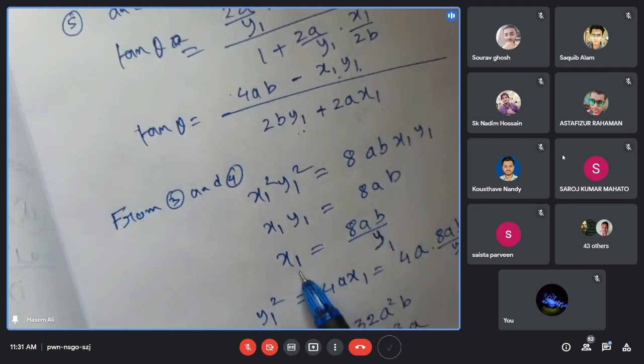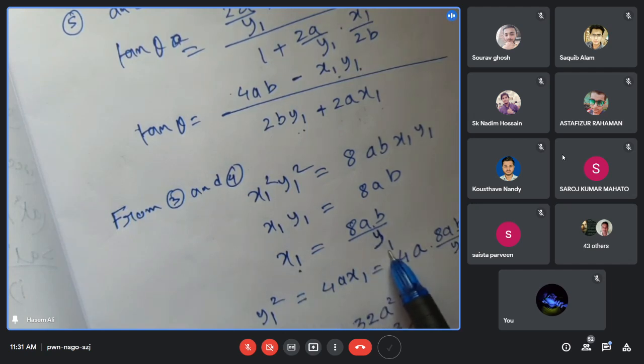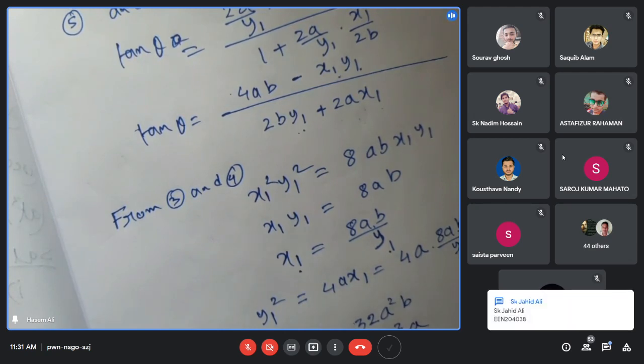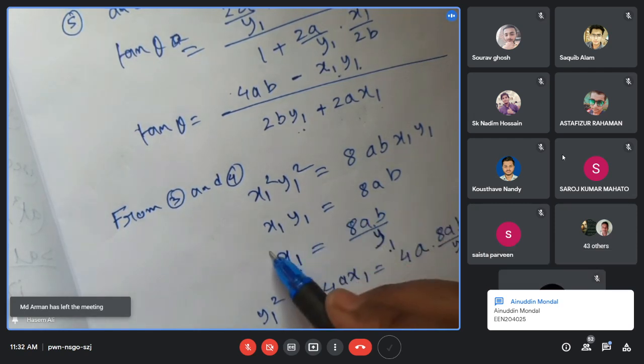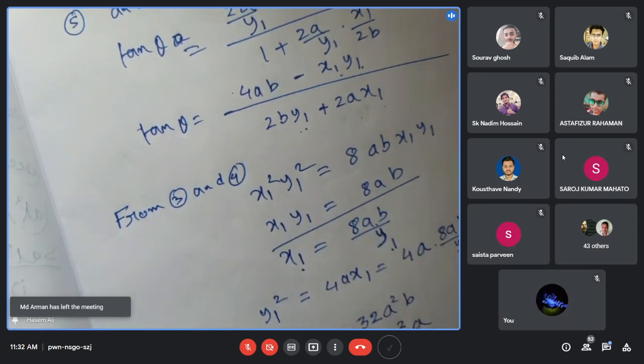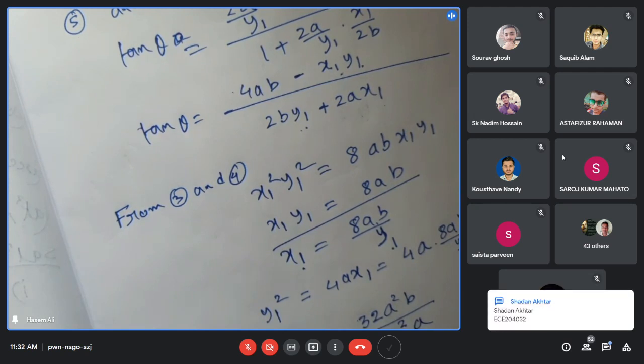If we find here y1 equals 8ab by x1 and put these values in equation 4, we have x1 cube equals 32 b square a. Now just put these values: x1 y1 equals 8ab, y1 cube equals 32 a square b, and x1 cube equals 32 b square a.